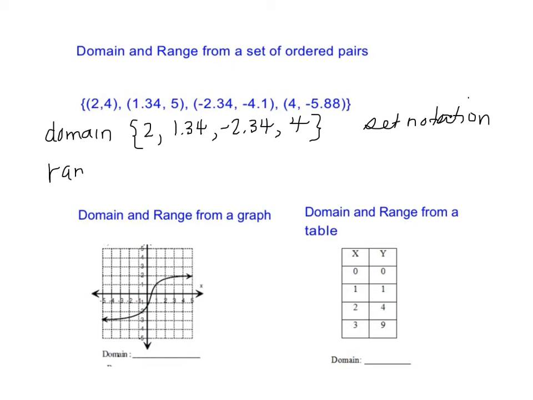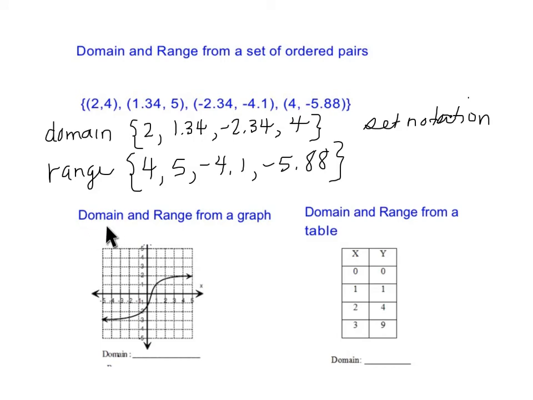And then the range is just going to be all the second values, the y values, so 4, 5, negative 4.1, and negative 5.88. And so you get the curly brackets. Now, if you're going to write the domain and range from a graph, and part of this came off, we can look at just the domain and the range of this graph right here.